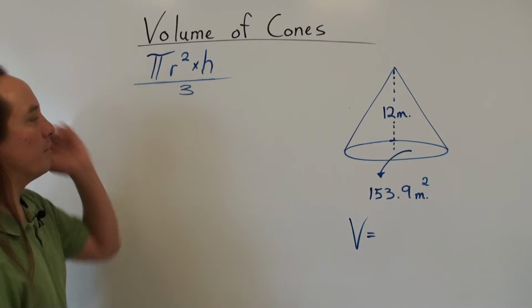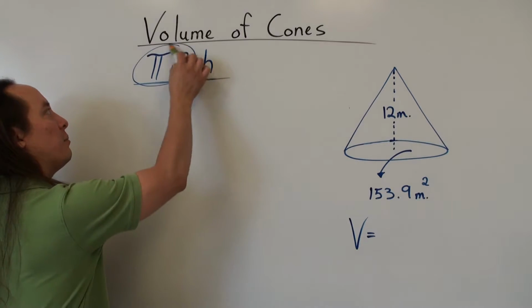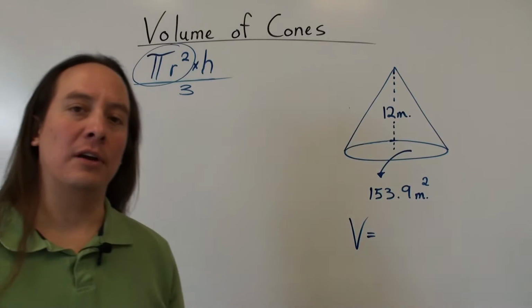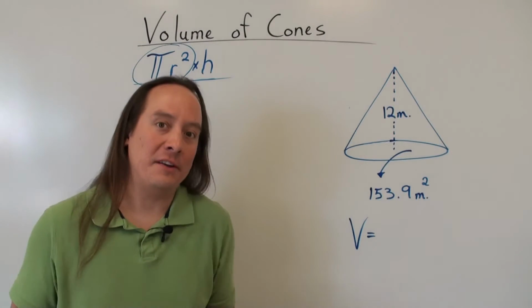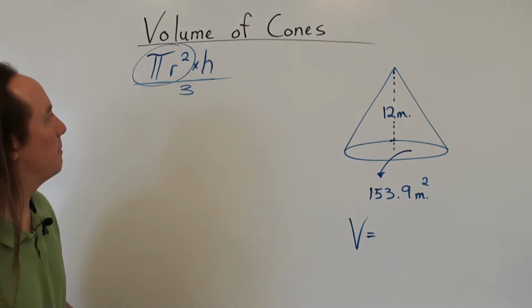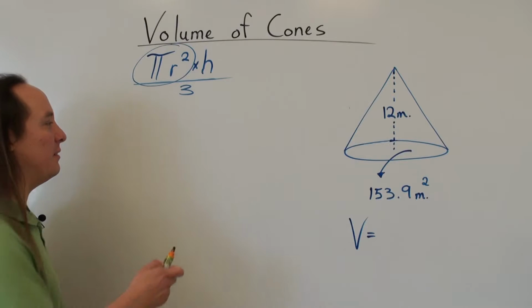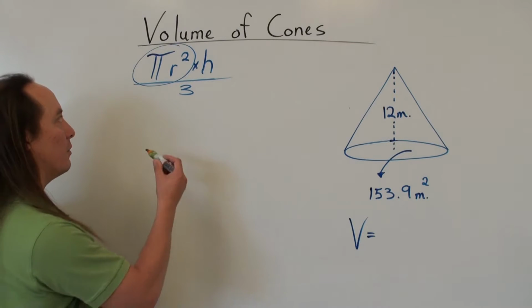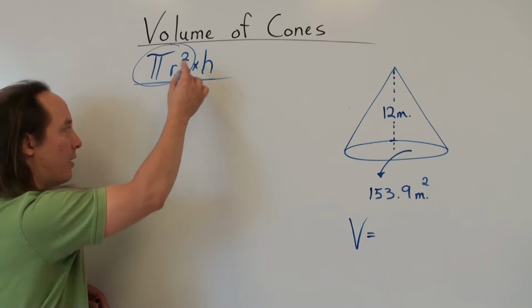So, area of a circle is located in this part of our formula for the volume of a cone. Pi r squared is the area of a circle. So they did that already. They kind of helped us out. And this is what I was trying to tell you, that it's a little bit easier than the last one we did. So I'm going to go ahead and substitute 153.9 for pi r squared.